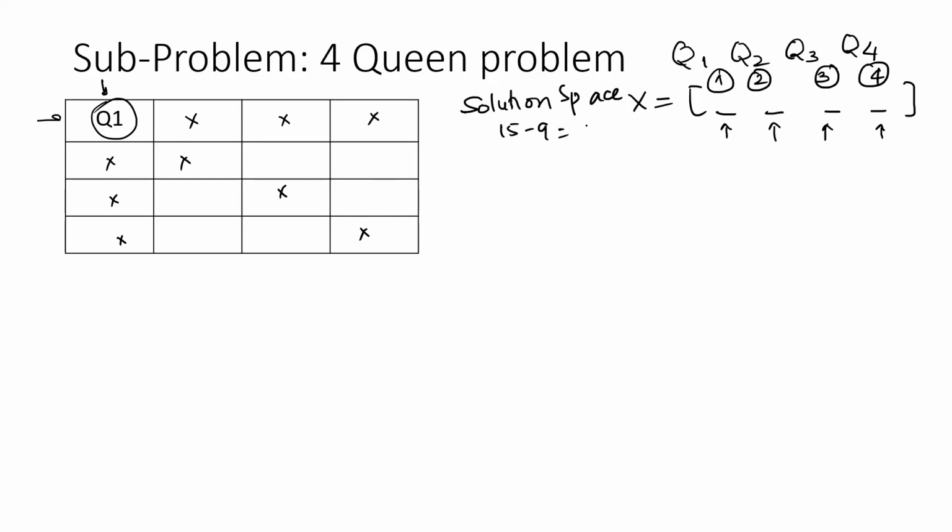So you only have 6 possible locations available for placing the remaining three queens. Now I can keep Q2 here, and when I keep Q2 here, I will not be able to place Q3. Look at this problem: the third row does not have any possible position.